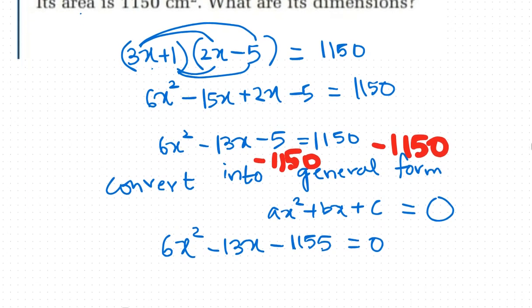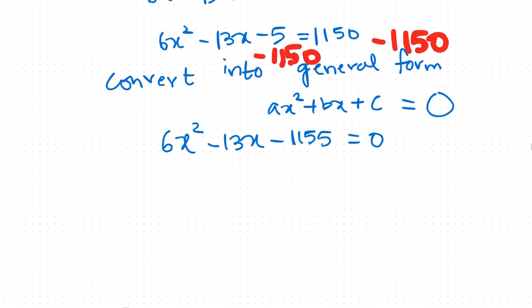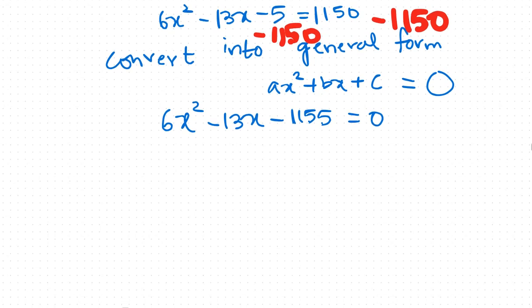Okay, so now I can do 6 minus 13 and then it just becomes something x. No. We have to use the factored formula. What you need to do is multiply A and C. What is the A value here? 6x squared times negative 1155.